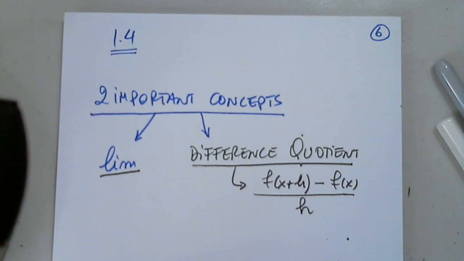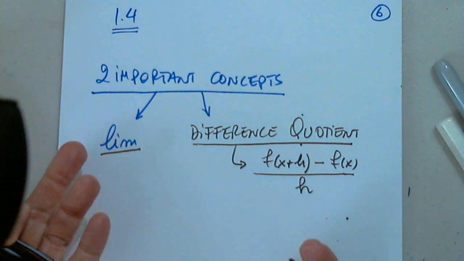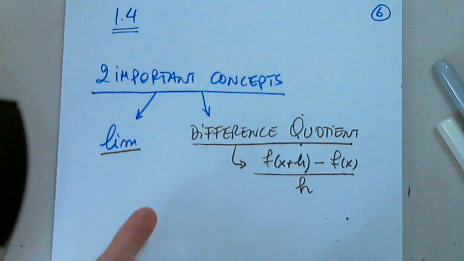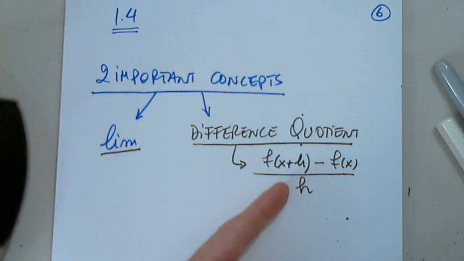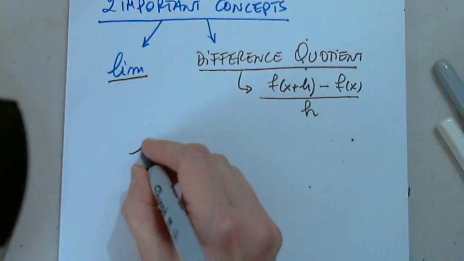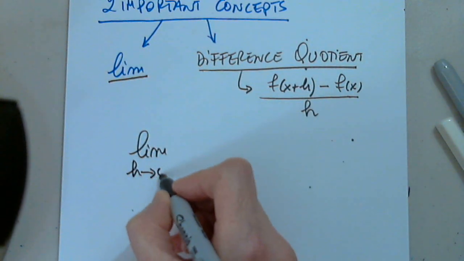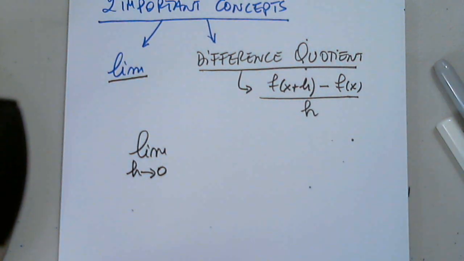Excellent. So you're saying, how are you going to put these two together? There are two important concepts. So you're going to put the limit in front of this? Yes, that's what I'm going to do. I'm going to put the LIM when h approaches 0.